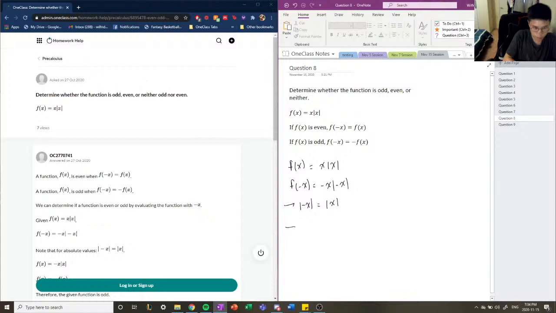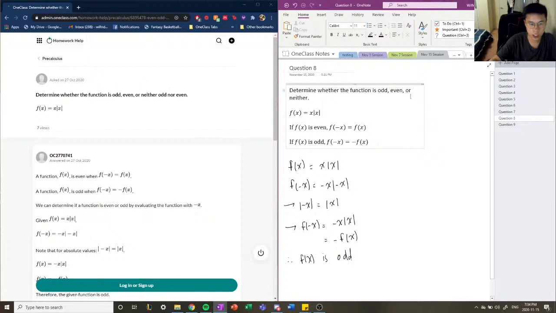So therefore, we have f of negative x equal negative x times the absolute value of x. And here we can just sub out the negative, and this is equivalent to saying negative f of x. So now, therefore, f of x is odd. Okay. If this were to equal x times absolute value x, then it'll be even. And if it were to neither be negative f of x or f of x, then the function is not odd or even.